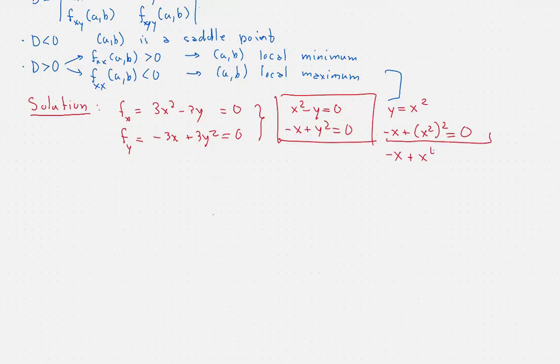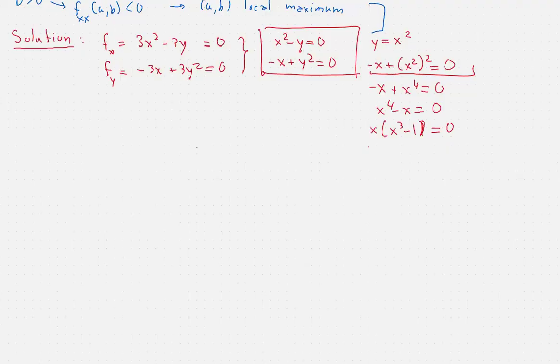And if we factor out x, we get x(x³ − 1). x³ − 1 has root 1. So after a synthetic division, or if we know the simple identity, we get this, and this has no roots, which means that x can be either 0 or 1.